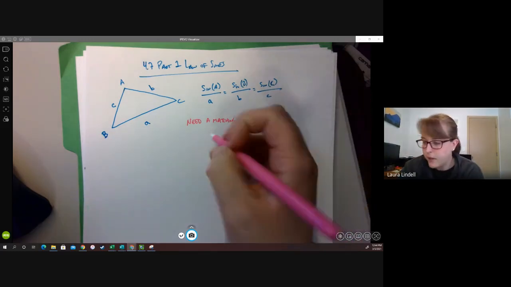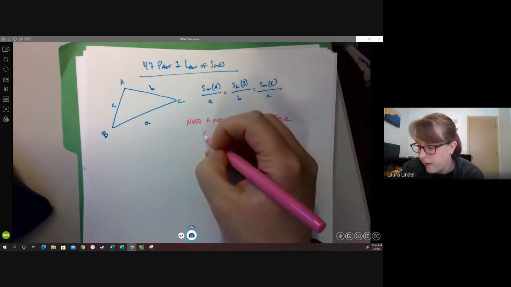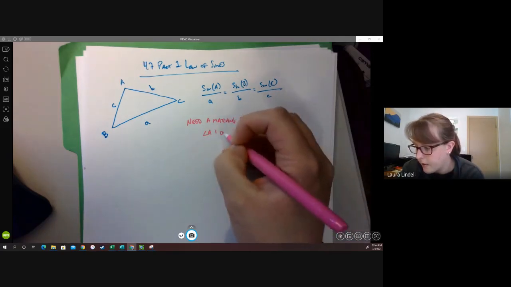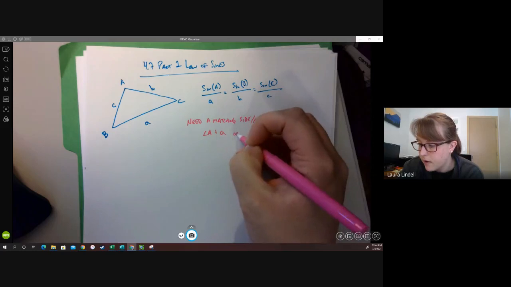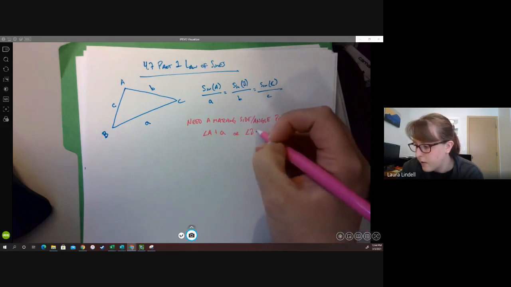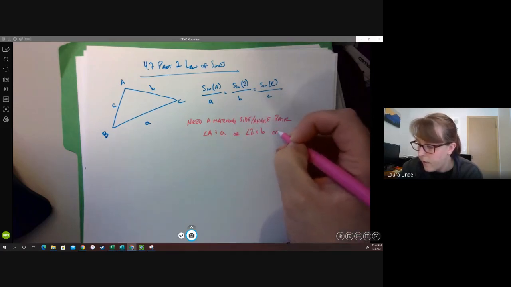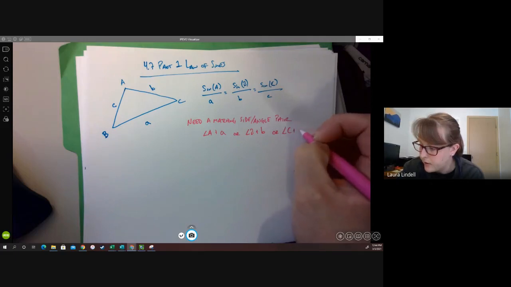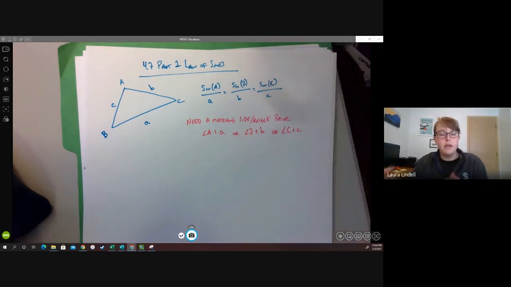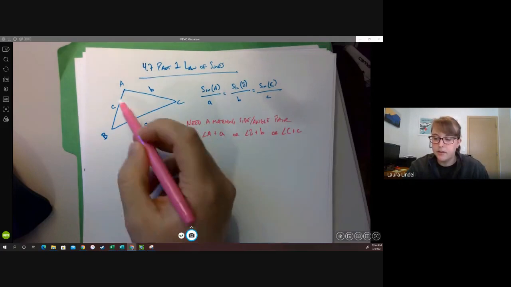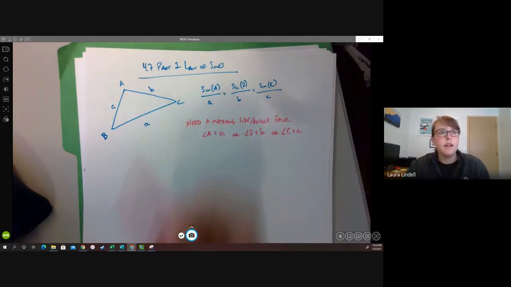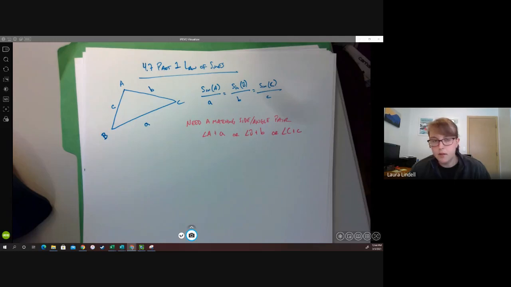So for example, we need angle A and side length A, or angle B and side length B, or angle C and side length C. You need one of those pairs where it's the angle and the side that are across from each other in order to use the law of sines. Okay.